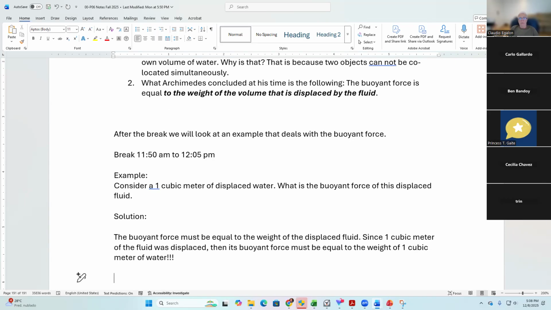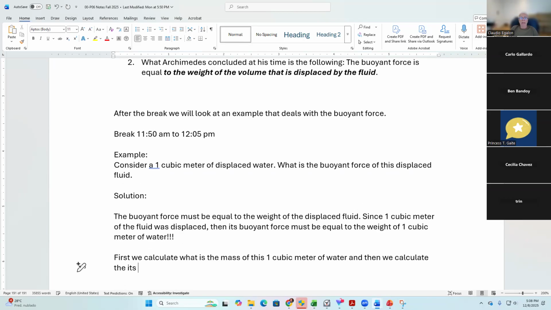So first we calculate what is the mass of this 1 cubic meter of water, and then we calculate its weight, right?